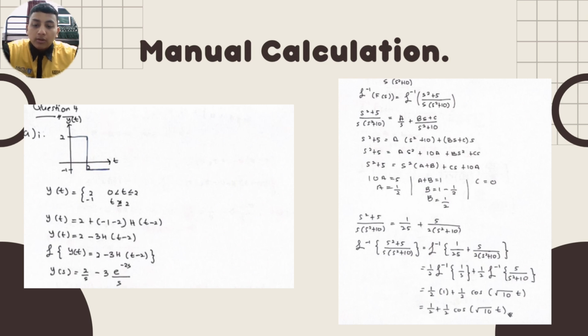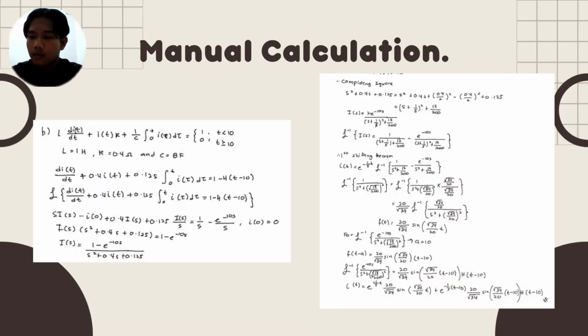So the Laplace inverse gives 1 over 2 plus 1 over 2 cos of square root of 10 t.